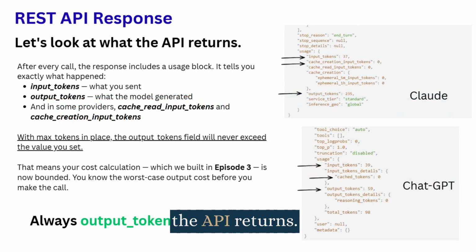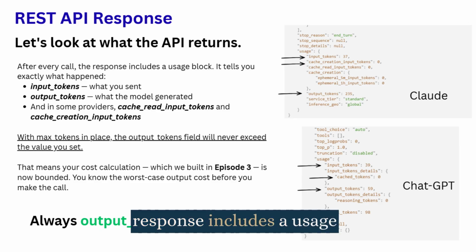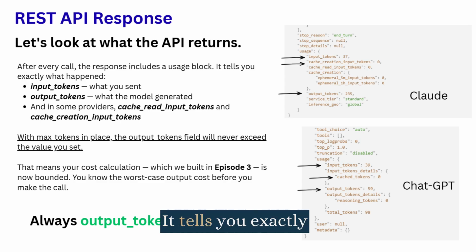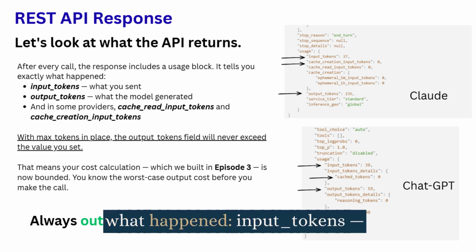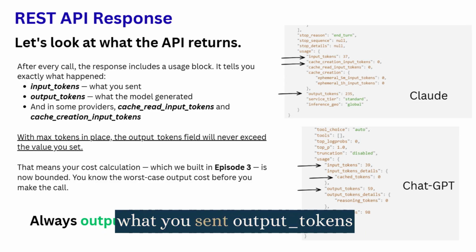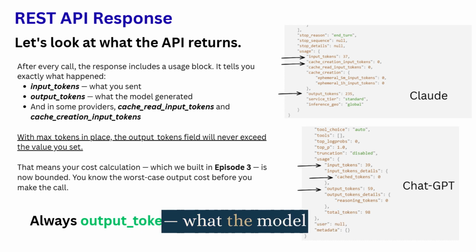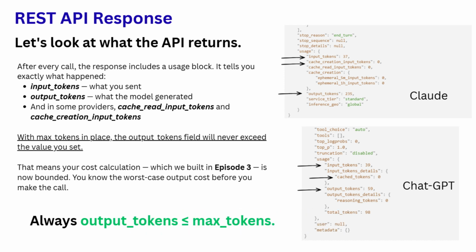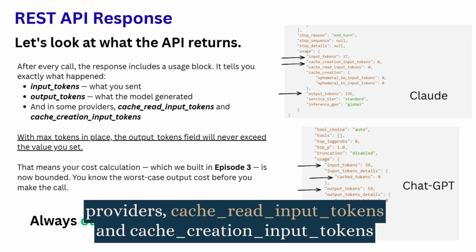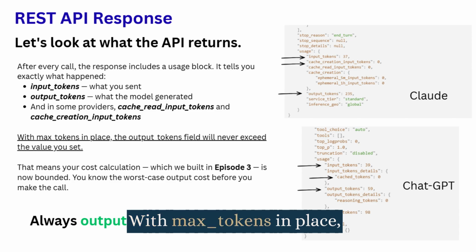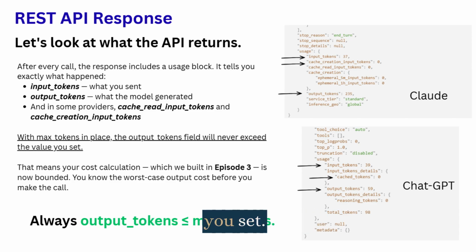Let's look at what the API returns. After every call, the response includes a usage block. It tells you exactly what happened. Input tokens, what you sent. Output tokens, what the model generated. And in some providers, cache read input tokens and cache creation input tokens. With max tokens in place, the output tokens field will never exceed the value you set.